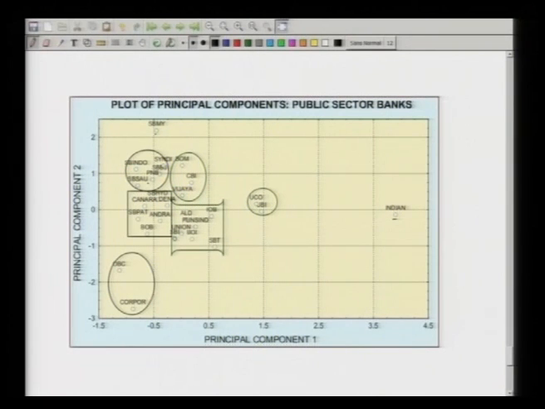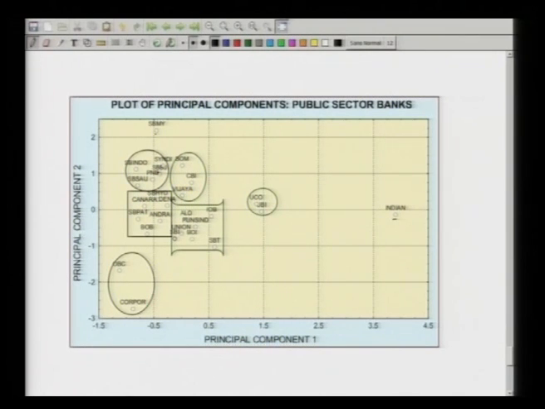Here we have a group of Canara, Dena, Bank of Baroda, Andhra Bank, and again a small group here for the OBC and the Corporation Bank, and Vijaya, Central Bank and one other are forming a group here, and these are mainly the SBI group, the SBI Saurashtra, and then we have SBI Indore and another one SBI. This is some other group of the State Bank. So, this is about the public sector banks of India.